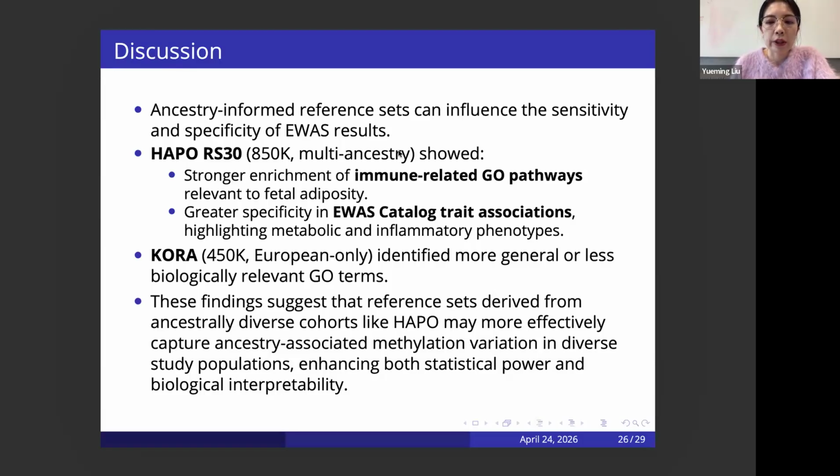CORA identifies more general or less biologically relevant GO terms. So these findings suggest that a reference set derived from an ancestrally diverse cohort like HAPO may more effectively capture ancestry-associated methylation variations in diverse populations, enhancing both statistical power and biological interpretability.